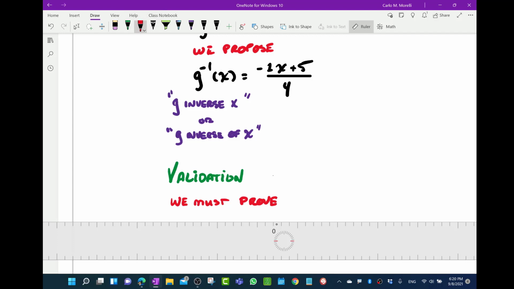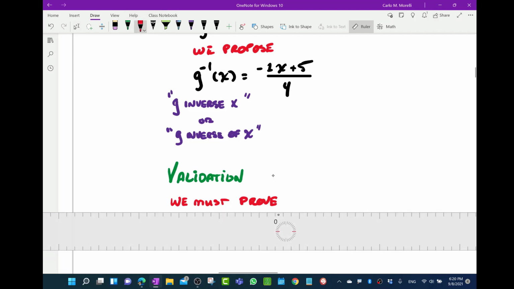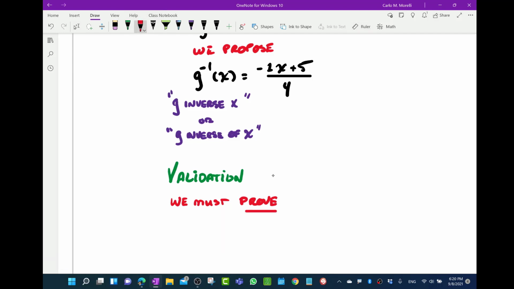We must prove that g of x and g inverse of x are really inverses.